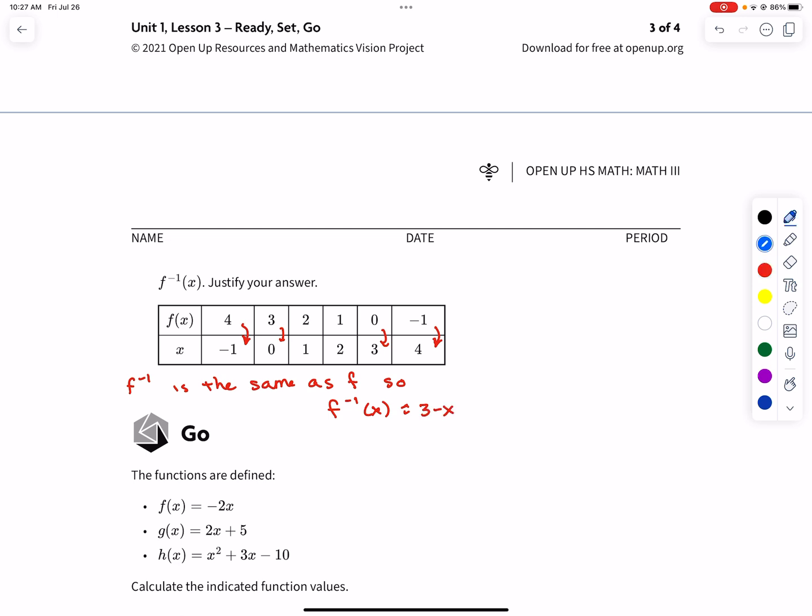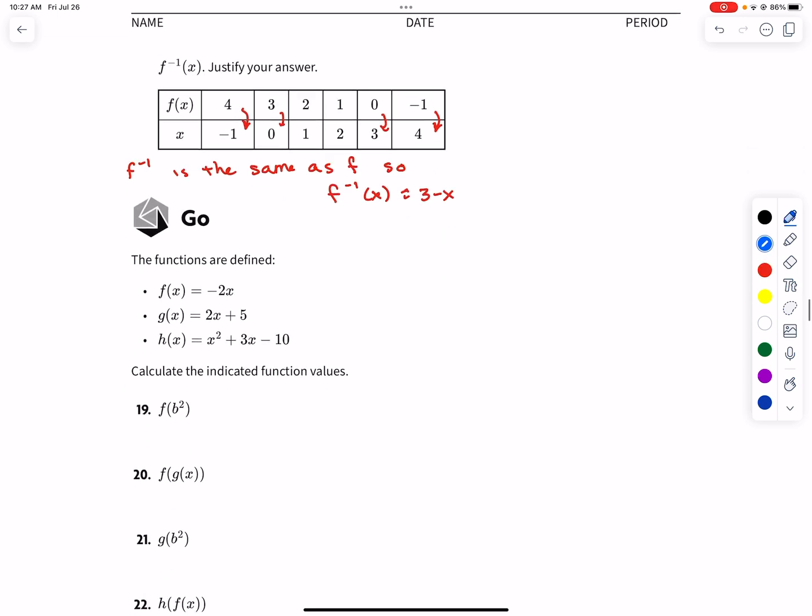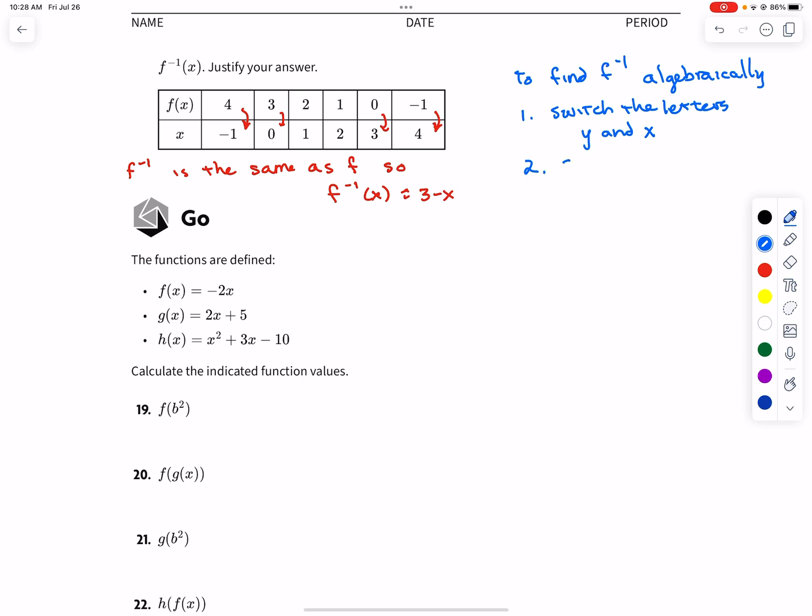I'm going to put a little note about how to do this algebraically, because we have to do that occasionally. If it says f of x instead of y, turn it into a y. And then we switch the y and the x, and then we solve for the new y.